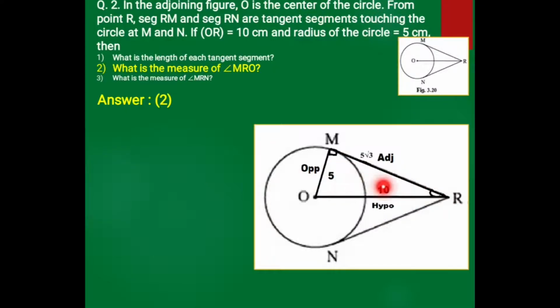So we use the tan ratio. We know tan theta equals opposite upon adjacent. So we use that tan ratio.